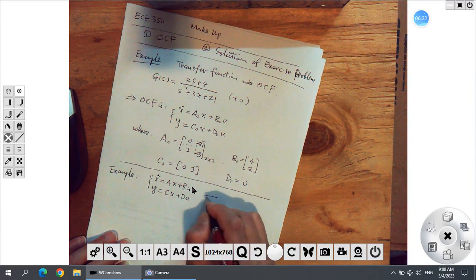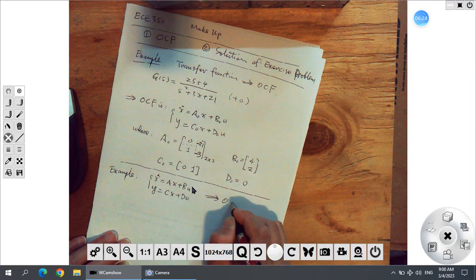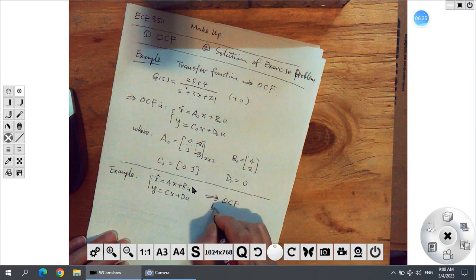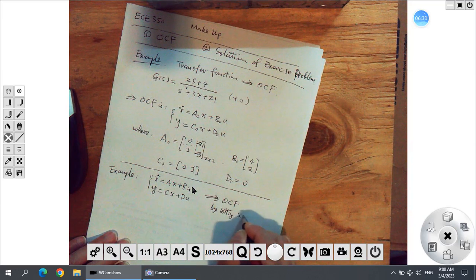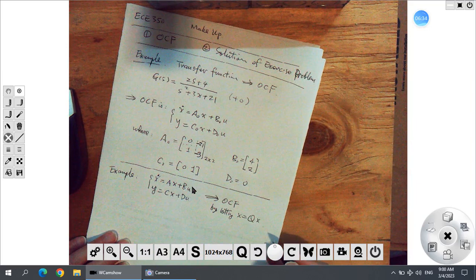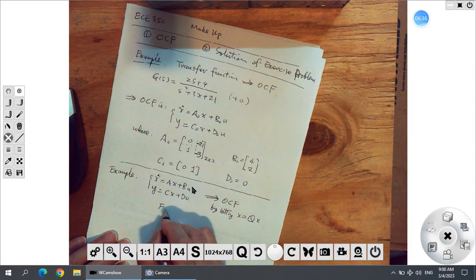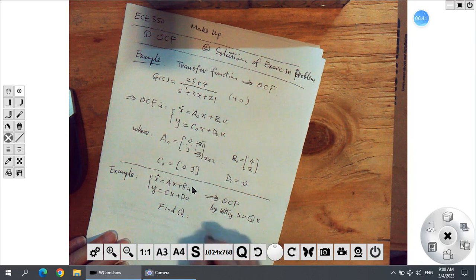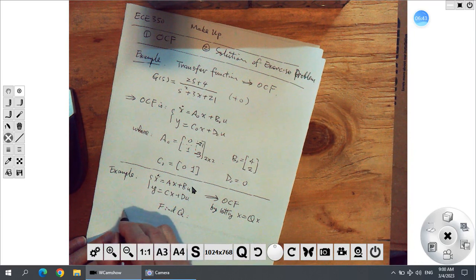We want to transform to OCF by letting x equal Q x-tilde. We need to find the Q, and we need several steps.